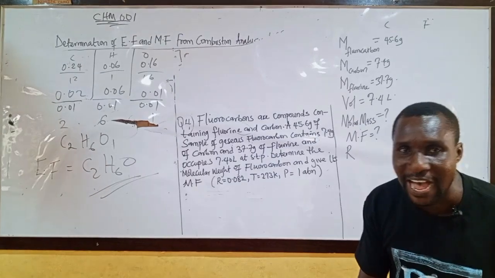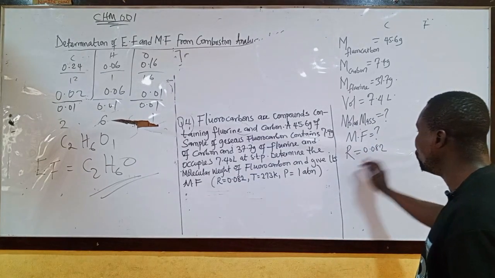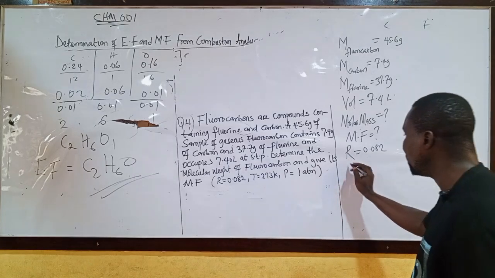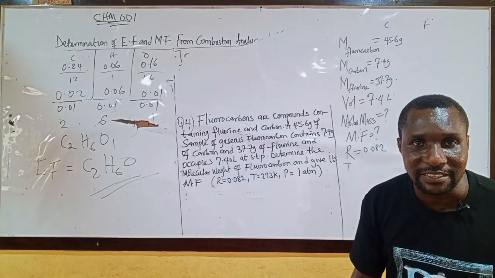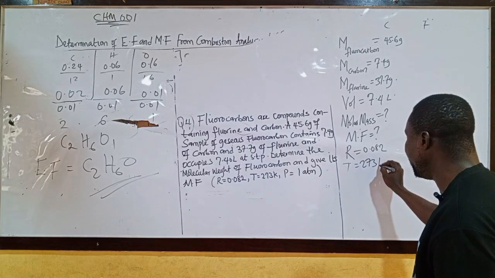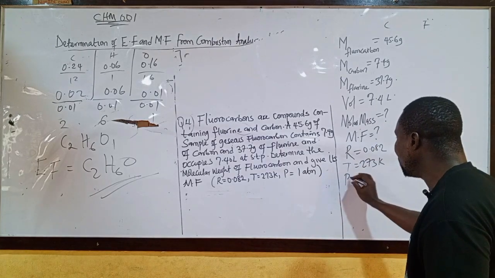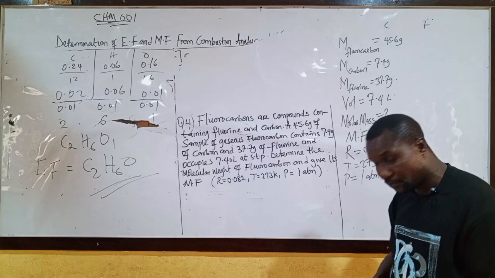The universal gas constant is given as 0.082. Standard temperature is given as 273 Kelvin. Then the pressure is given as 1 atmosphere.